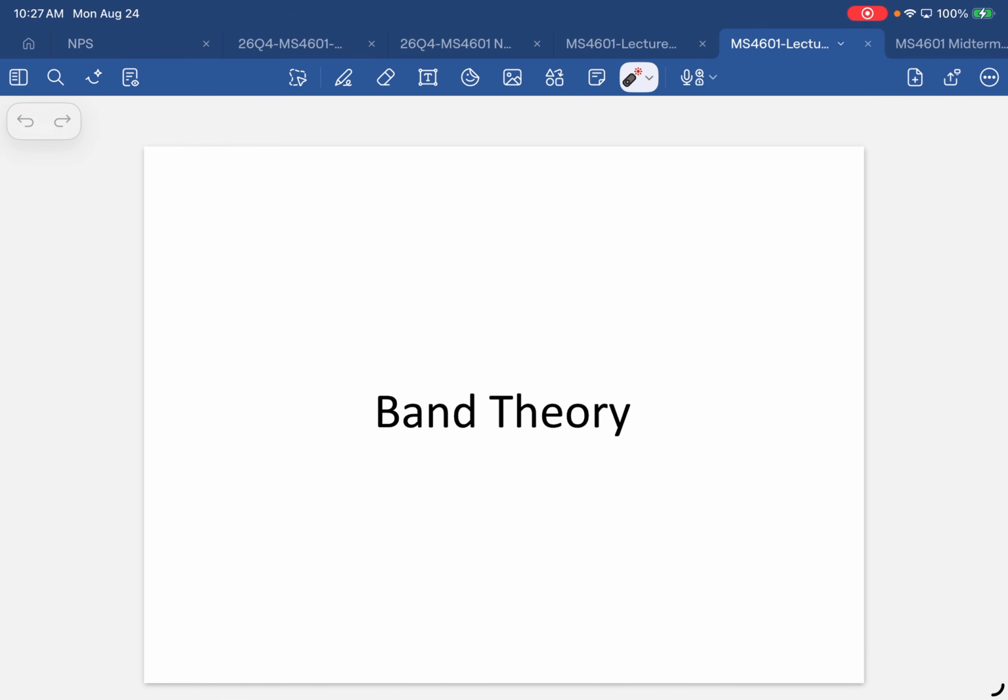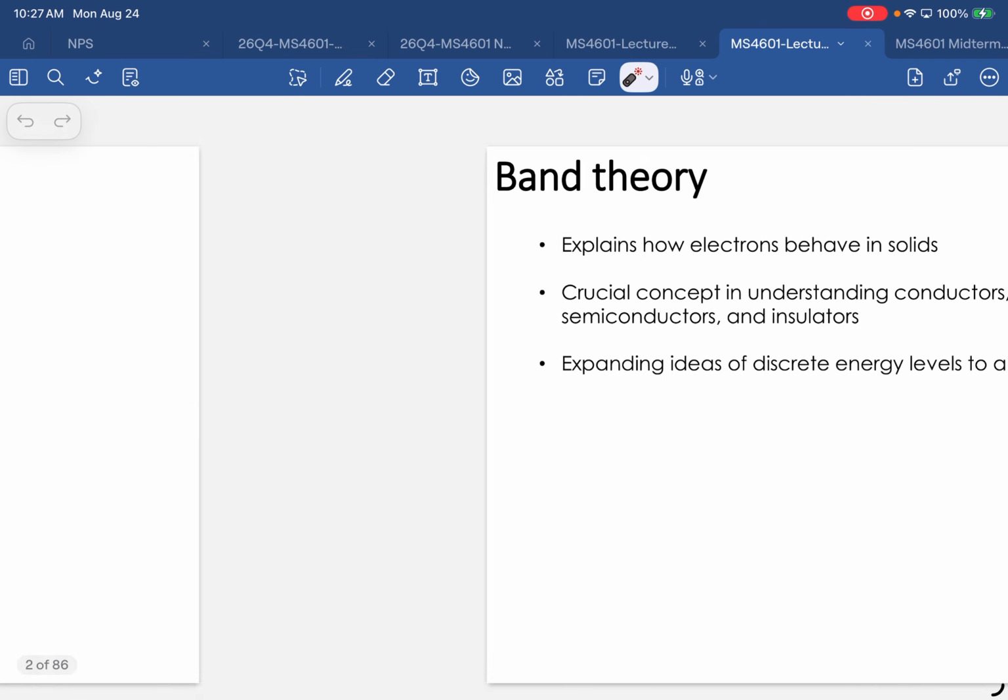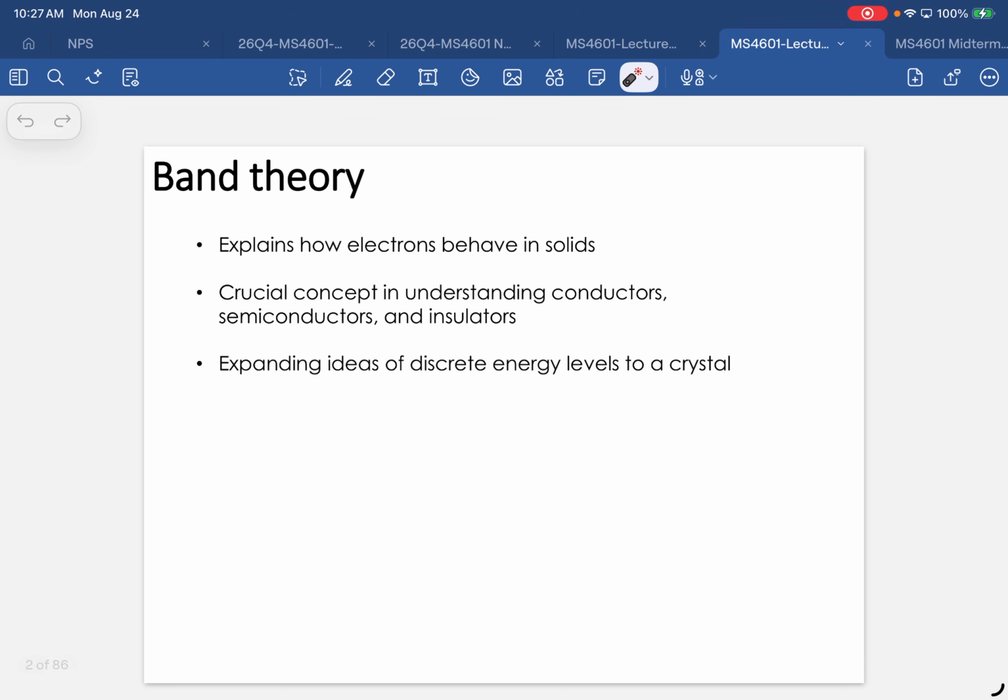If not, we can get into band theory. This one is going to focus on explaining how electrons behave in solids. So far we have looked at an individual atom, but a real large-scale object is made of millions of atoms.